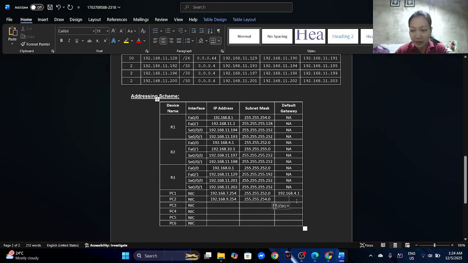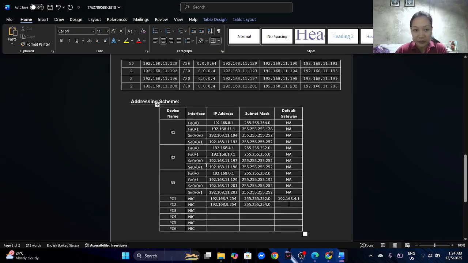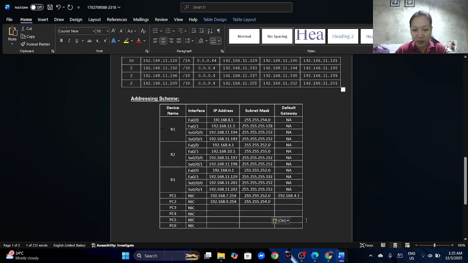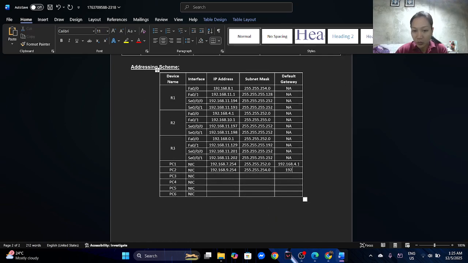And the first usable address of host 350 is, rather, 192.168.8.1.